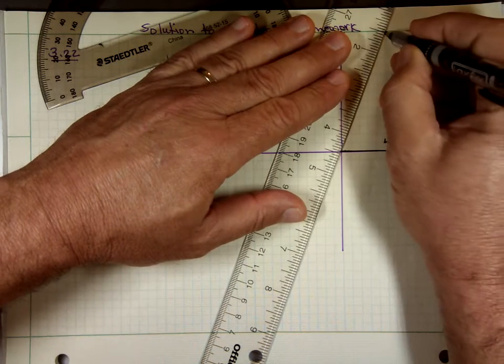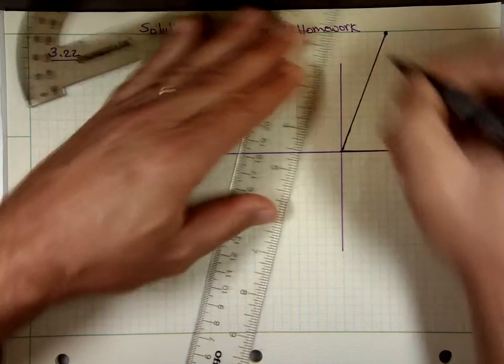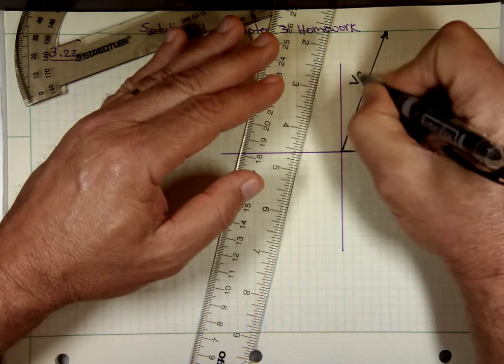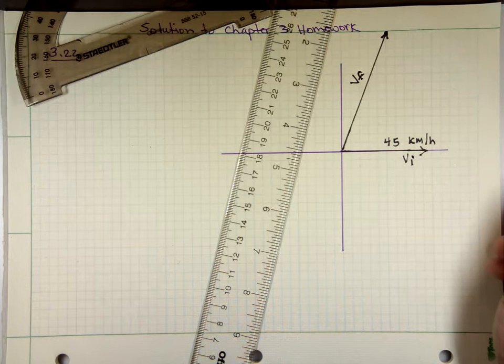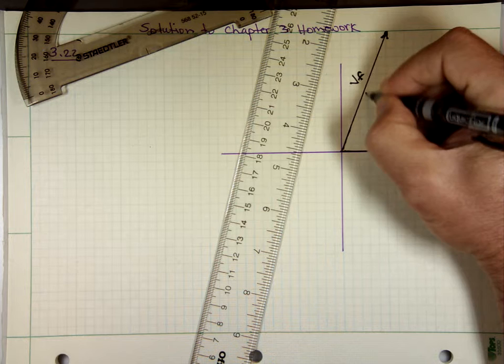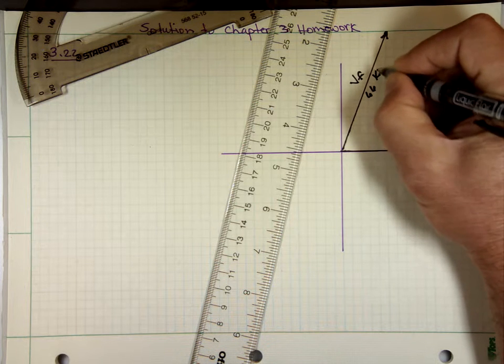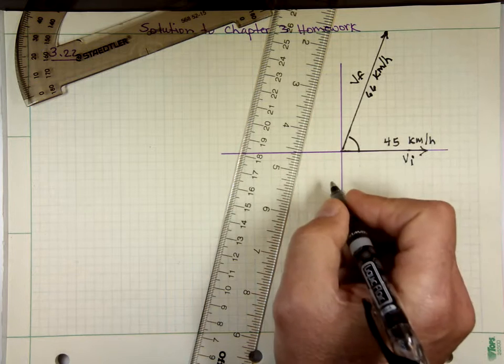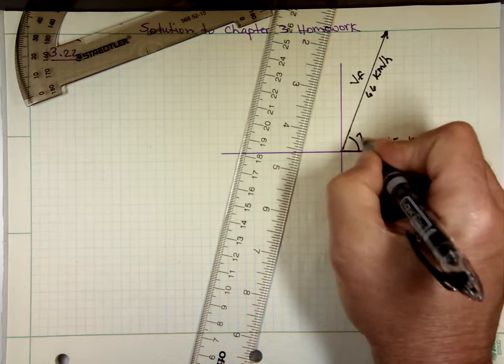I have two vectors. This is V initial, this is V final. And the V final was 66 kilometers per hour. And this angle is a 75-degree angle.